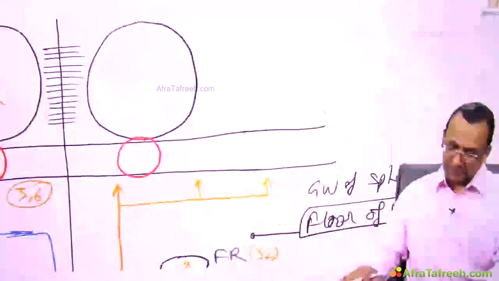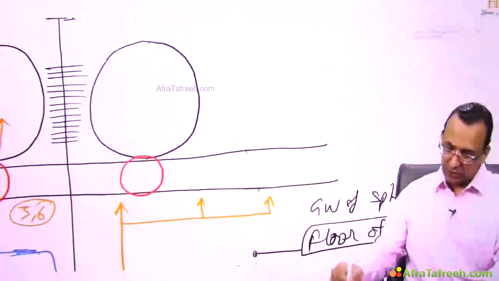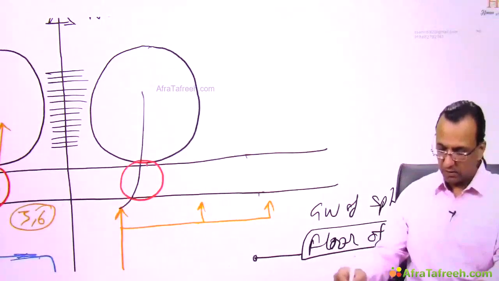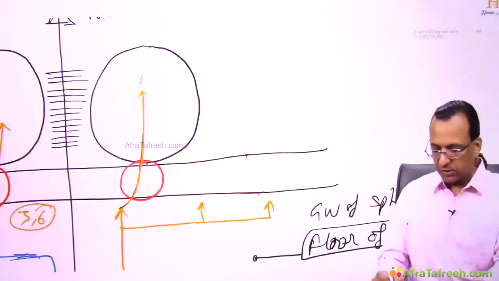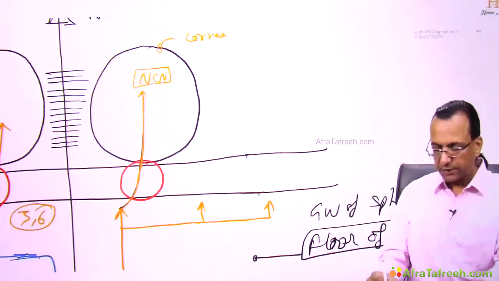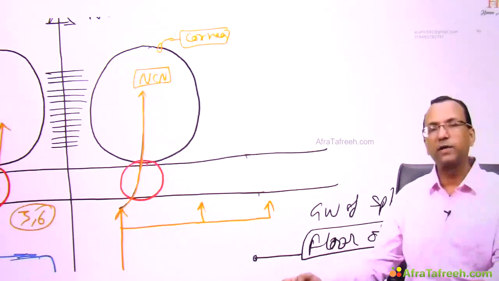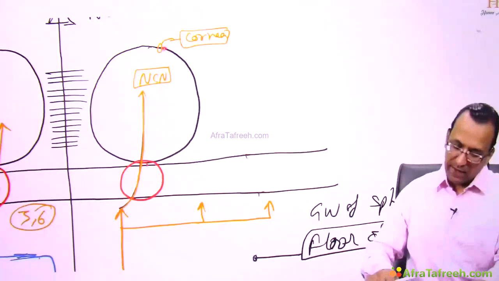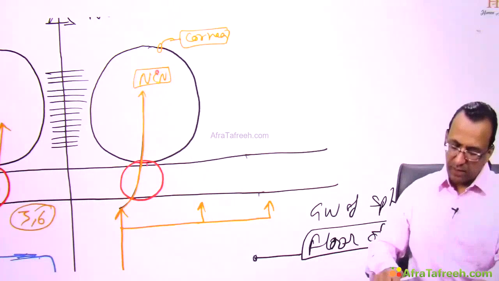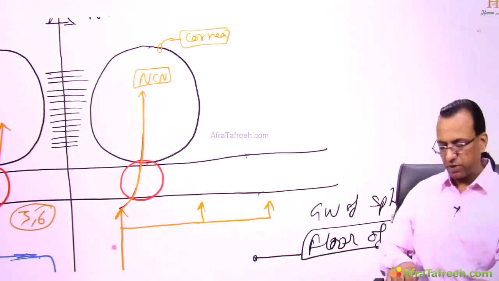You see, this is the N. What is N? The nasociliary nerve. This is the nasociliary nerve supplying the cornea of the eyeball. If you touch the cornea, the reflex is carried by the nasociliary nerve, branch of the ophthalmic nerve, branch of the trigeminal nerve.